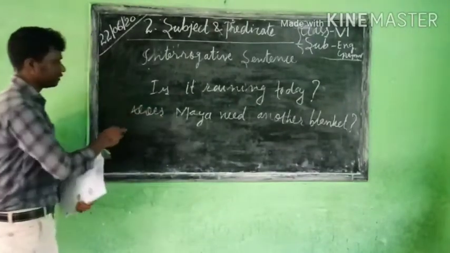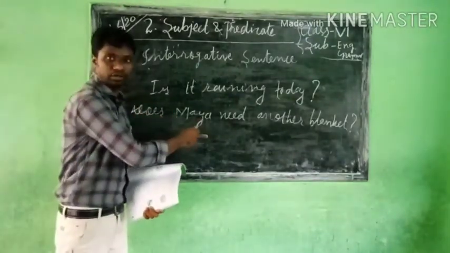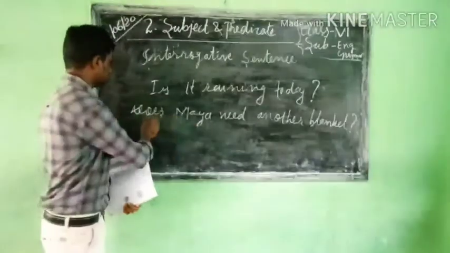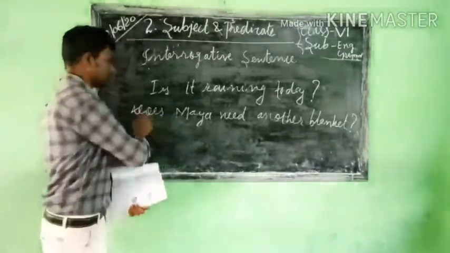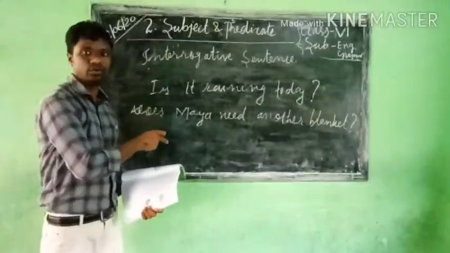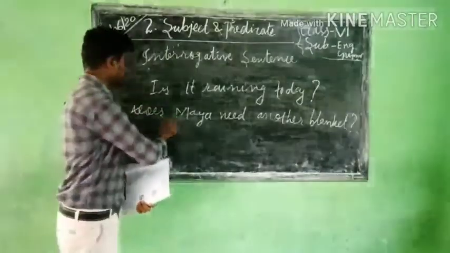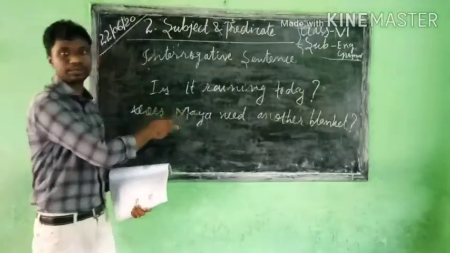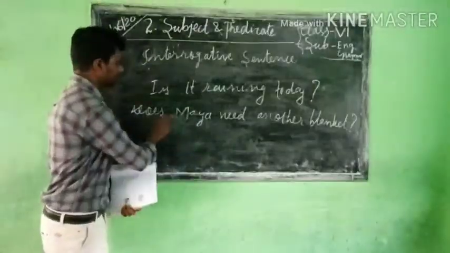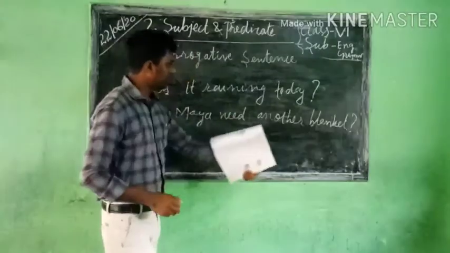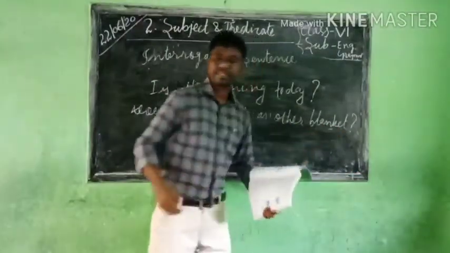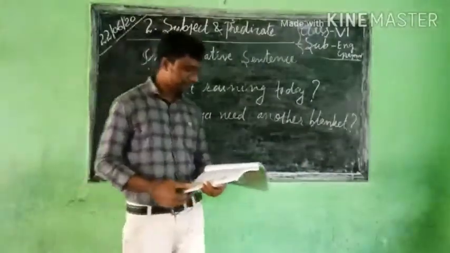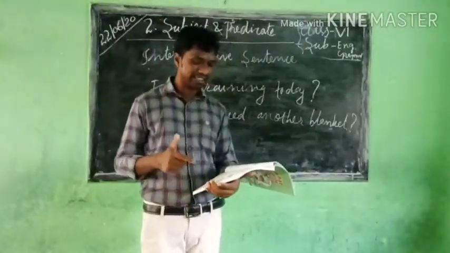This one is used for the third person singular number in the simple present. For first person we use do. Here we are talking about the third person singular number. So does Maya need another blanket? You know the meaning of a blanket now. So here we see that Maya needs another blanket.